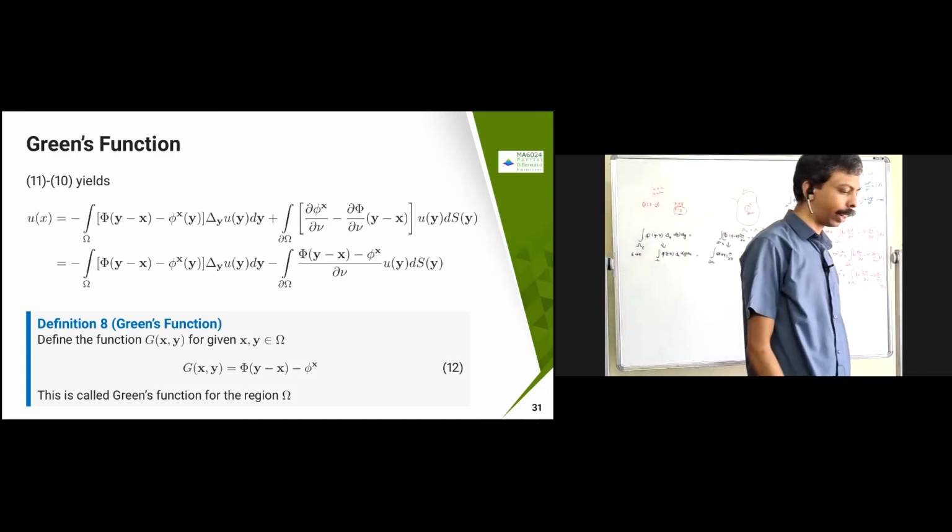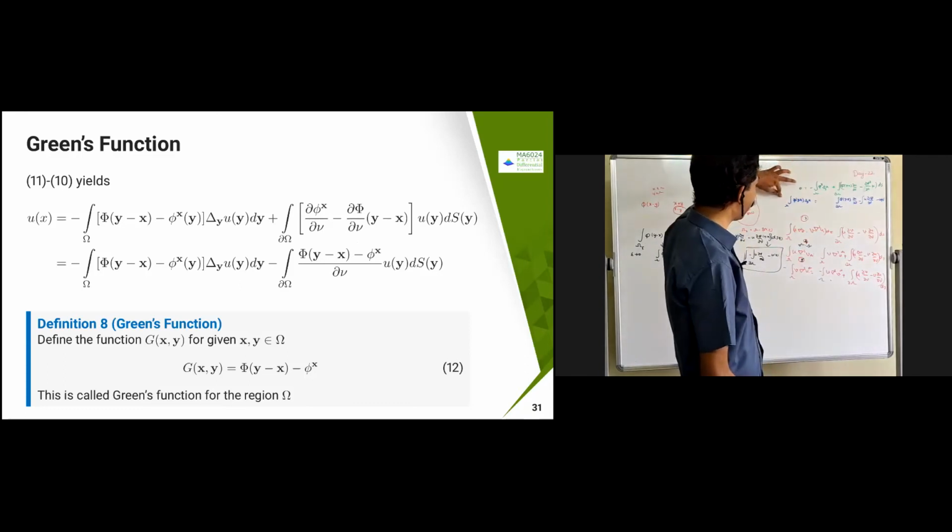If you subtract 11 and 10, 11 is there and 10 is there, this is nothing but 11, this is nothing but 10.